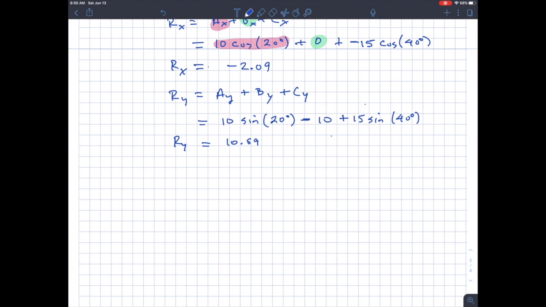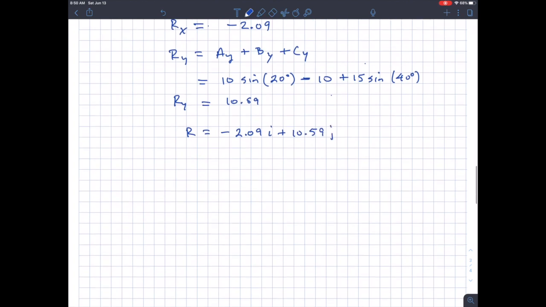So if we wrote down R in terms of its vector components, it would be minus 2.09 i plus 10.59 j. You could also write that in terms of magnitude and angle.